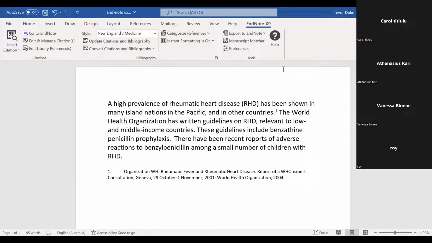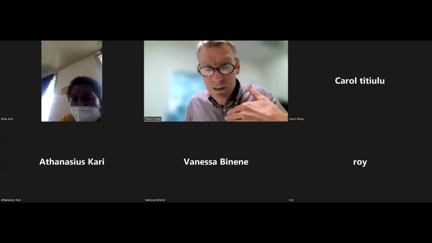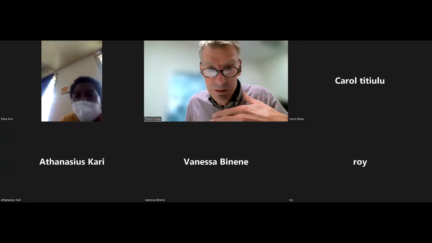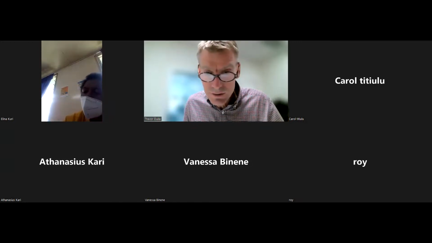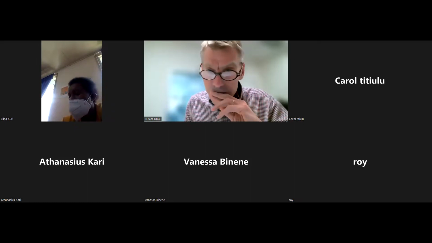You can do your references by hand if you like, but if you're someone who thinks they might do some more research later on, it's good to have a program like EndNote. There is a program that's similar to this in Word that can do something similar to that.